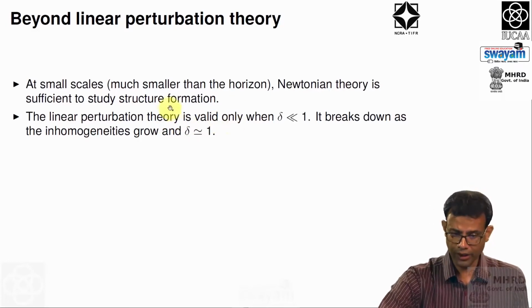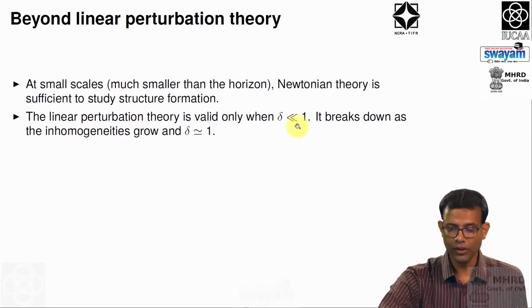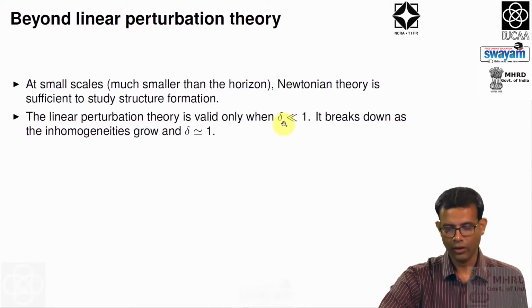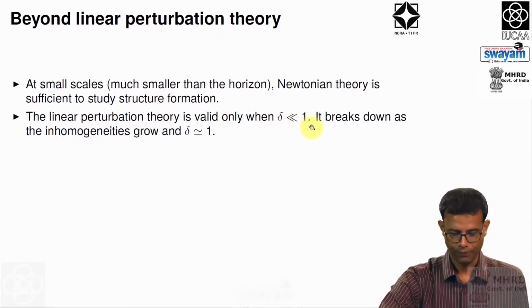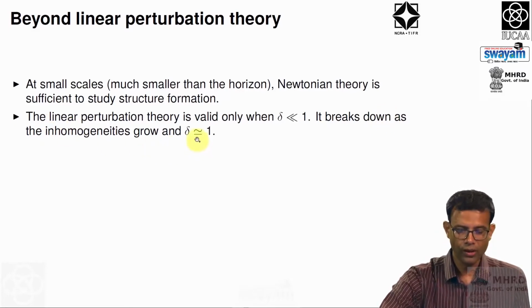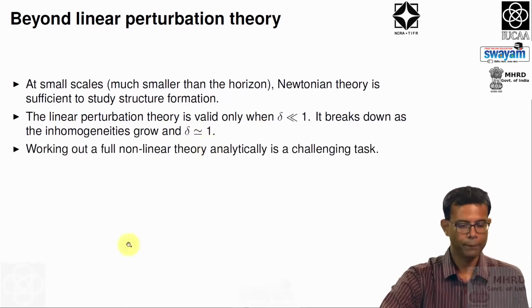The linear perturbation theory, however, is valid only when the perturbations are much smaller than 1. Okay. So, delta has to be going to 0 essentially, so that you are able to ignore higher order terms like delta square and so on. So, clearly the linear perturbation theory will break down as the inhomogeneities grow and delta becomes of the order of 1. Okay.